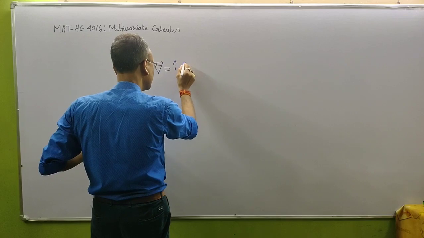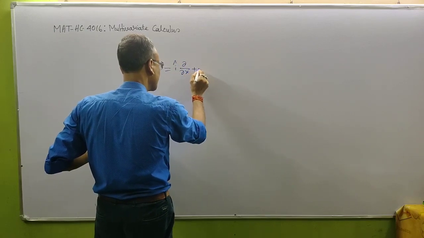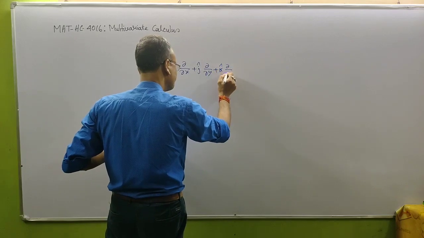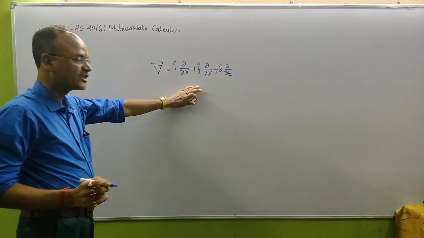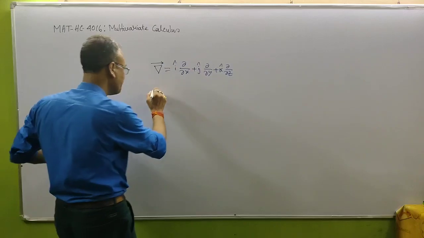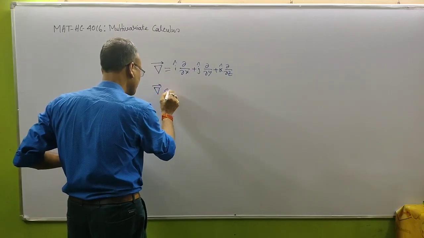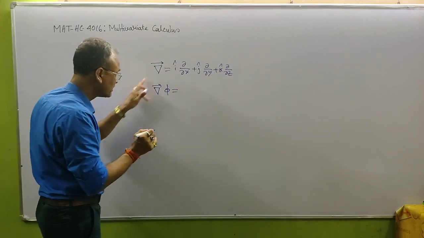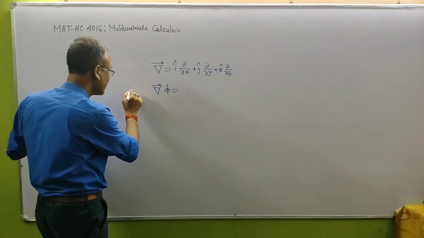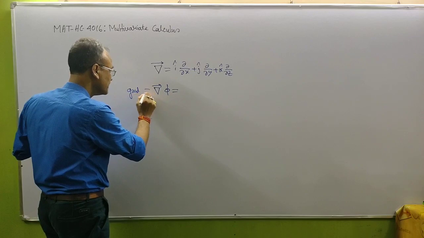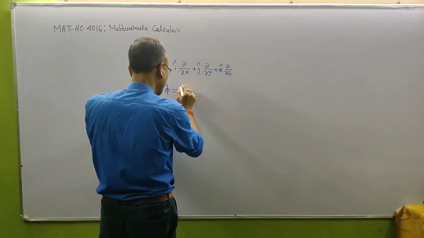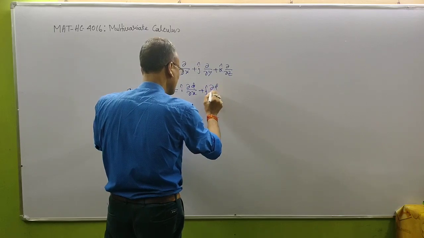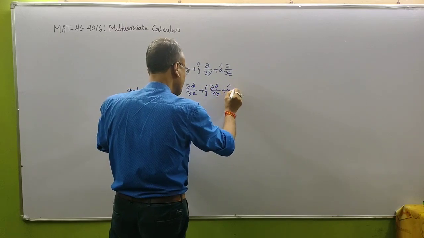This indicates i cap ∂/∂x plus j cap ∂/∂y plus k cap ∂/∂z. If phi is a scalar point function, mind that, then this is called the gradient of phi. Gradient of phi is equal to i cap ∂phi/∂x plus j cap ∂phi/∂y plus k cap ∂phi/∂z.